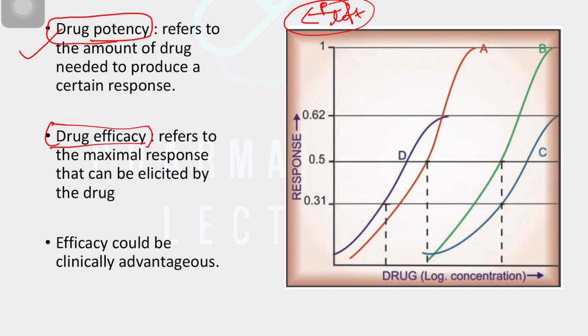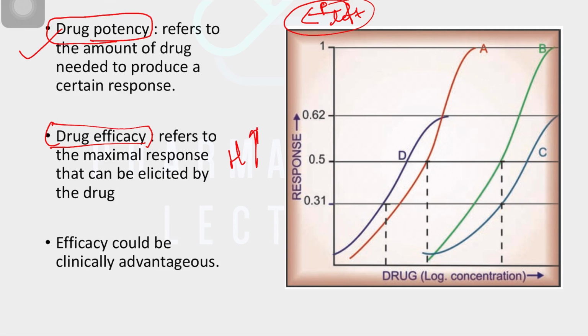Yes. What about efficacy? We have already seen efficacy in the receptors, but here in relation to the dose response curve, efficacy is the ability of a drug to produce maximum response. So it is more related to the height of the graph. Yes, so if the log dose response curve has more height, the drug is more efficacious.